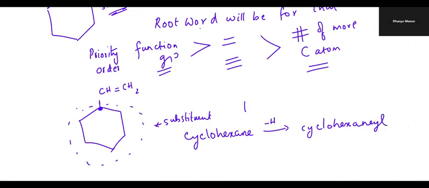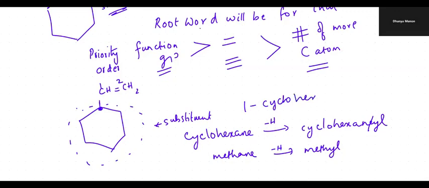Like for example, methane: from methane, when one hydrogen is removed, it becomes methyl, right? Same way, cyclohexanyl, and because E and Y are coming together, we remove this E. So we have 1-cyclohexanyl. This 2 carbon atom means ethene, eth-1-ene. Double bond and substituent are at the same position. I hope I am clear.